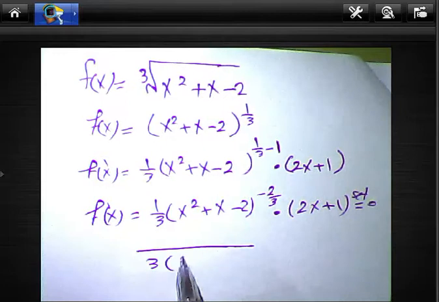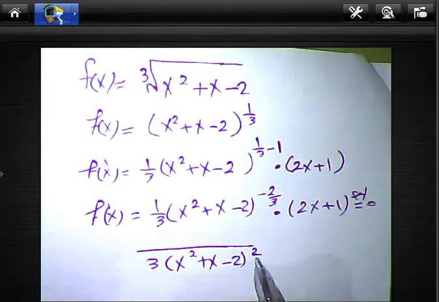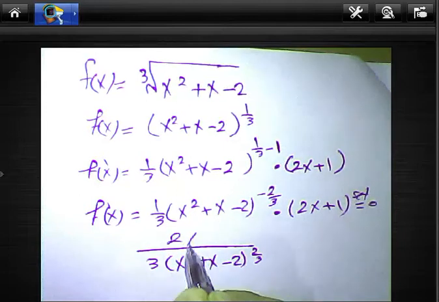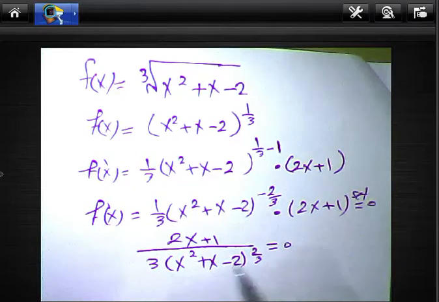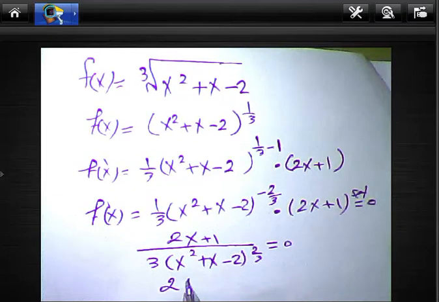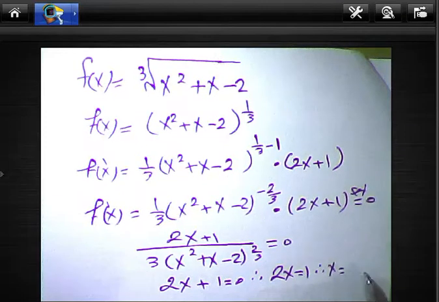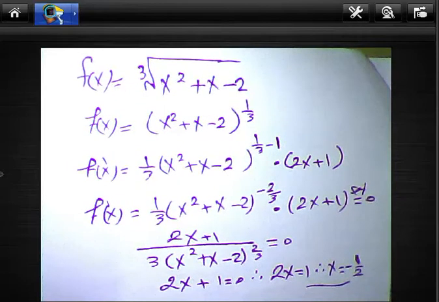You can write 3 multiplied by x squared plus x minus 2, to the power 2 over 3, in the denominator, and this expression in the numerator. Then 2x plus 1 equals 0, so 2x will be negative 1, then x will be negative 1 over 2. This is the result for this function.